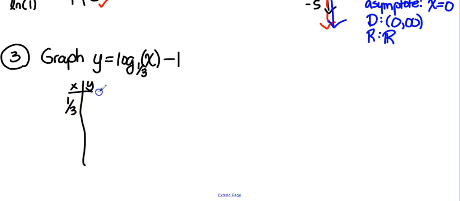So leave a space and let's do the math. Log base 1/3 of 1/3 minus 1. Well, log base 1/3 of 1/3, what does that equal? 1. This minus 1 is still here, and we get 0.